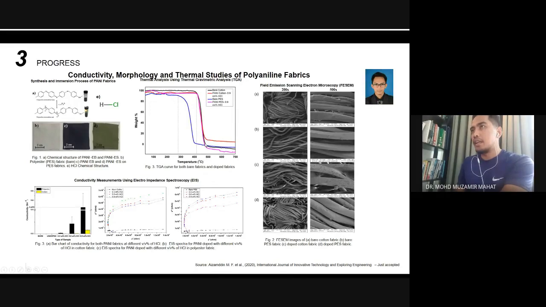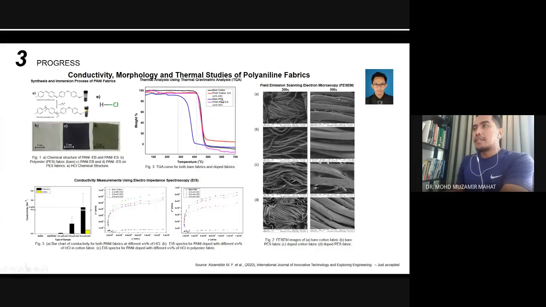If you see cotton fabrics, the black one is the bare cotton, and the red one is showing that the decomposition will be at about the same temperature but much earlier, compared to the blue one. So it decomposed at this rate, yeah.